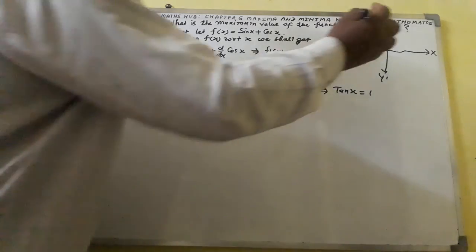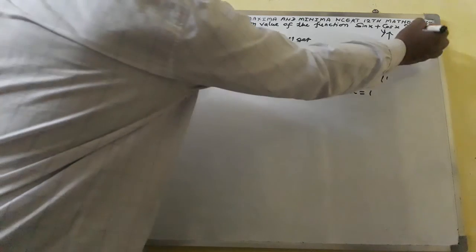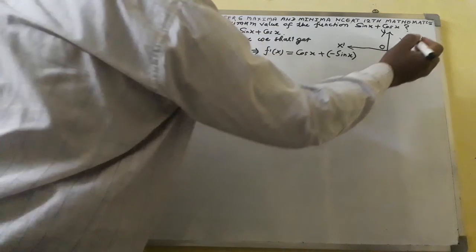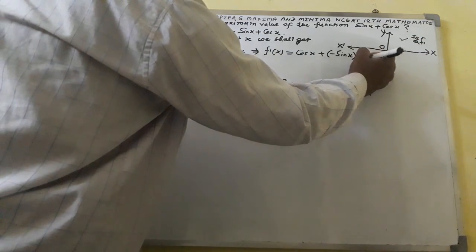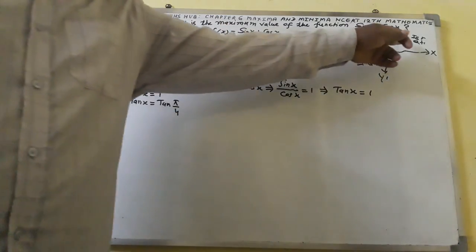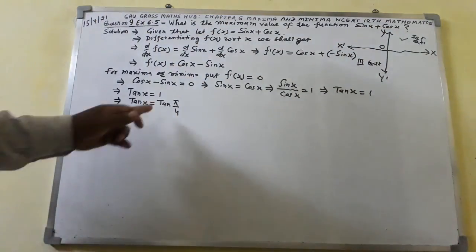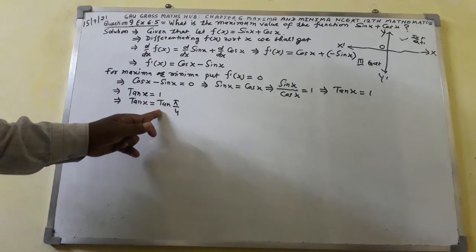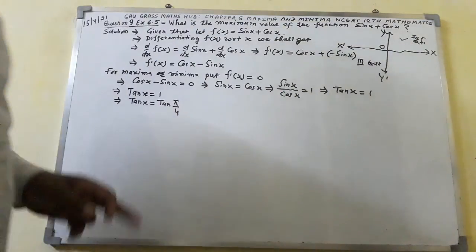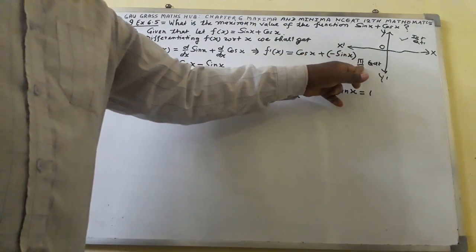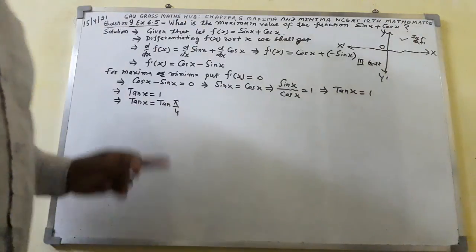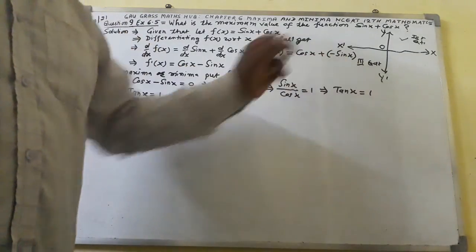So you know tan will be positive in the first quadrant. This is the first quadrant. This is the third quadrant. We know that tan will be positive in the first quadrant and tan will be positive in the third quadrant.